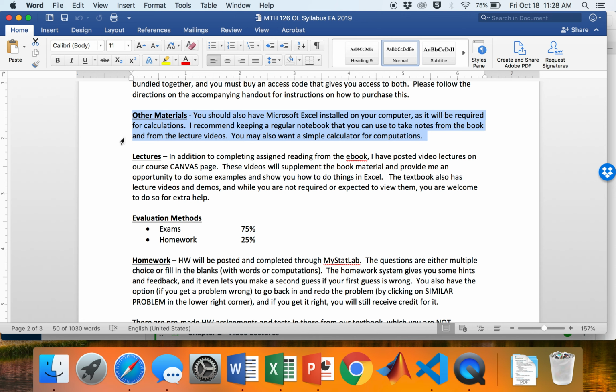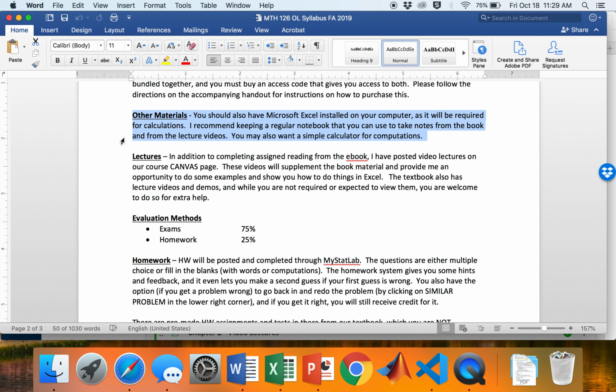The only thing that I know in the past people have had issues with is that it's difficult to use Excel on a tablet, like an iPad type thing, something that doesn't have a mouse or a trackpad. It can be a little weird because you have to highlight stuff and click on stuff, which you can't really do on an iPad. So hopefully you're on some device that has an actual keyboard and a mouse or a mouse pad, which for the most part, obviously any sort of computer or laptop is fine.